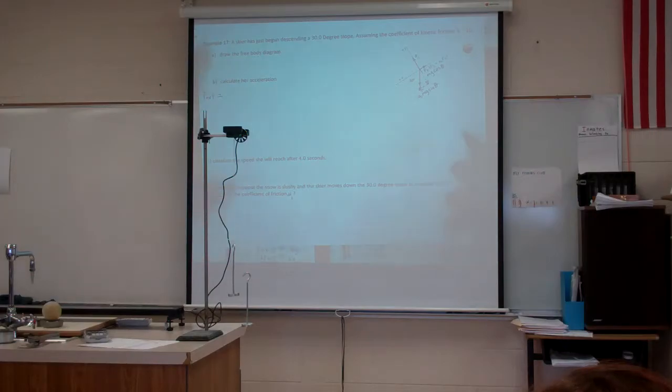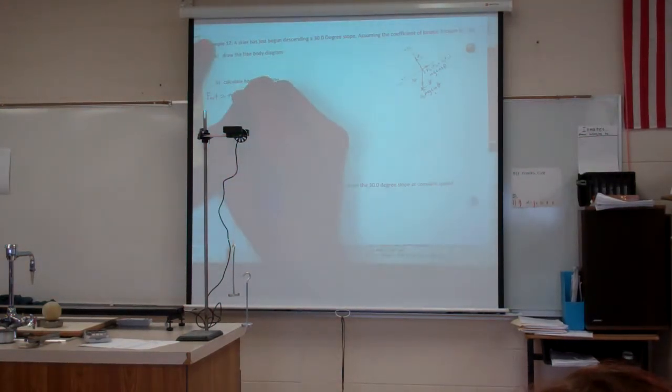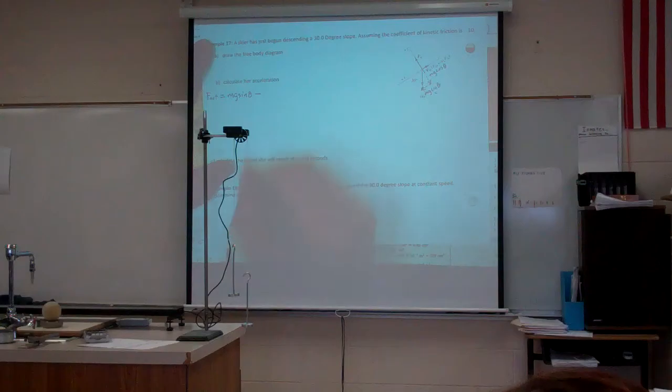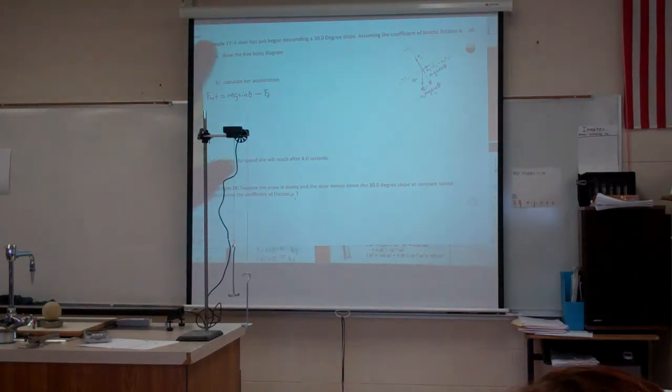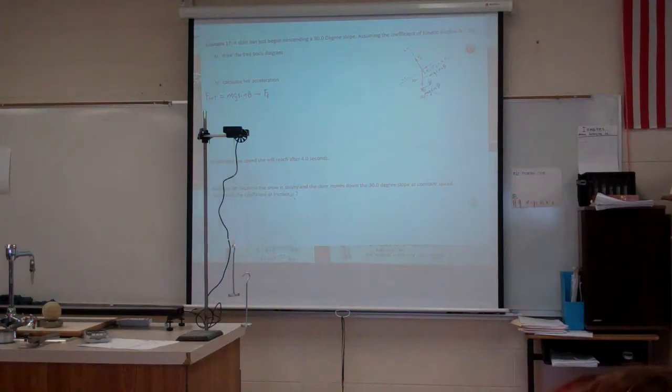The driving force is this one right here, mg sine theta. So we're going to say mg sine theta minus our force of friction. We'll just call it force of friction for now, and we're going to break this down a little bit at a time.